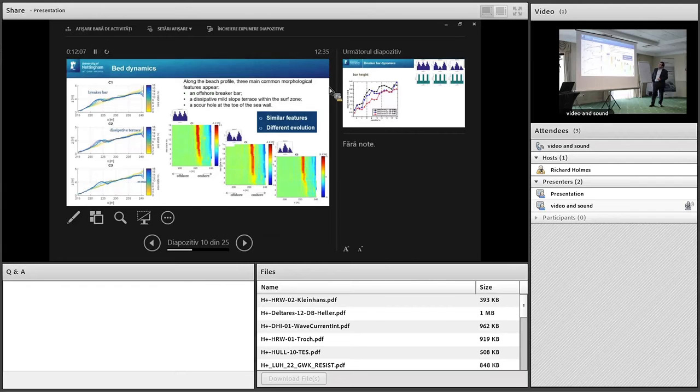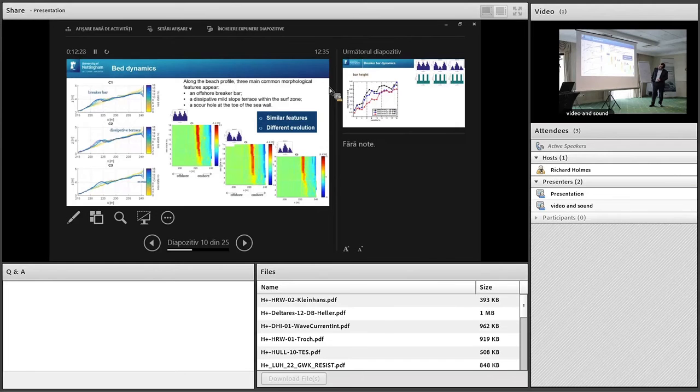And the second, the less energetic sequence, doesn't make any difference in bar migration. You see that the erosion, the bar is fed by this region, so that's what is created.